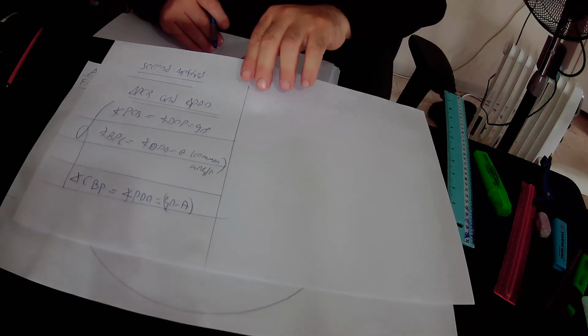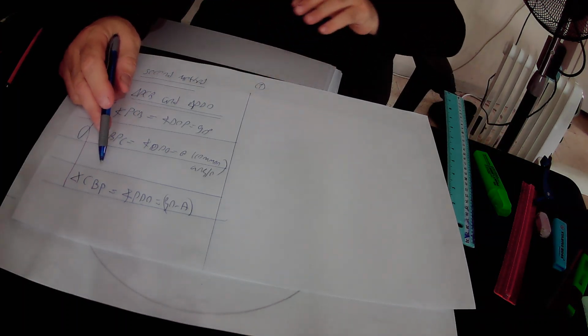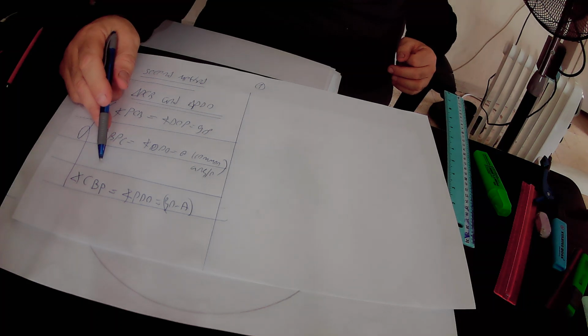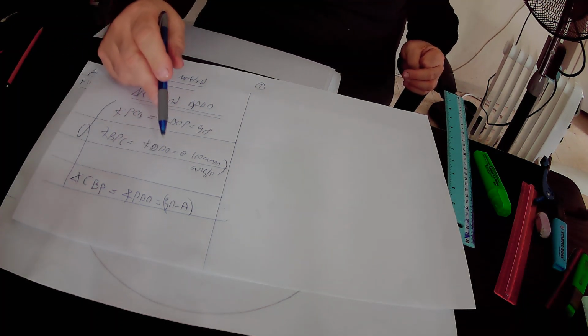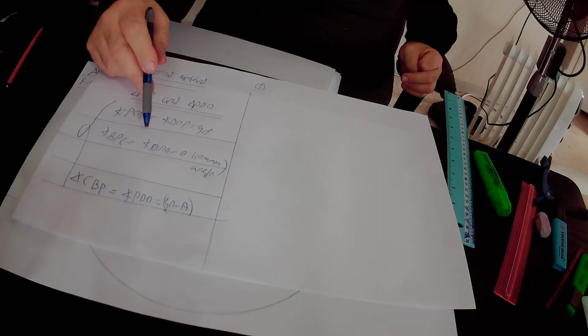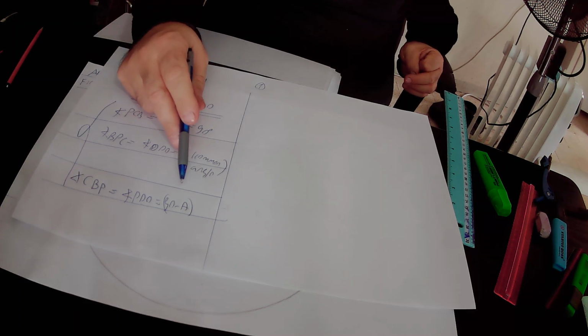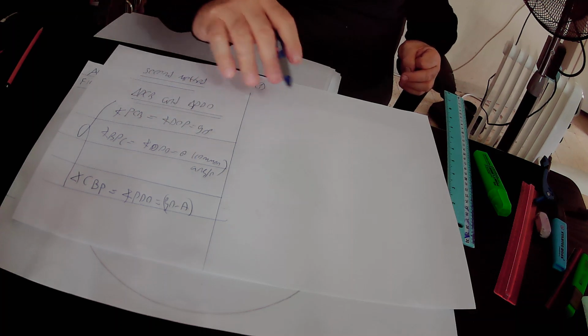Repeat again. Angle CBP in the right big triangle PCB equals angle PDO in the right small triangle PDO. They are both equal to 90 degrees minus theta, therefore they are equal to each other.